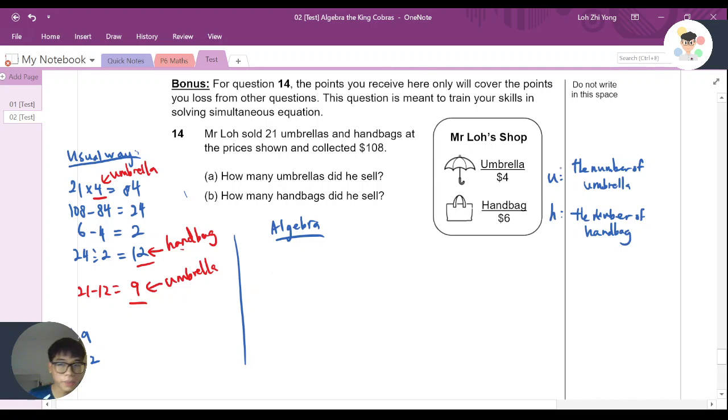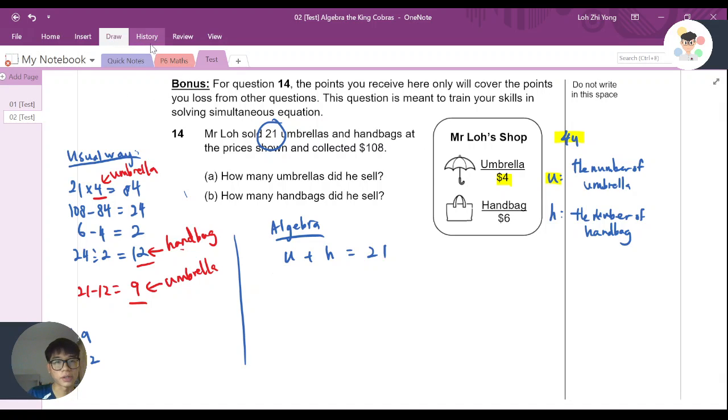Now, I don't know how many umbrella I have, I don't know how many handbag I have, but I know the total is 21. So I just say that U plus H is 21. Now, I don't know how much umbrella earn or handbag earn. But what I know is if I have U number of umbrella and $4 for each, then the total will be 4U.